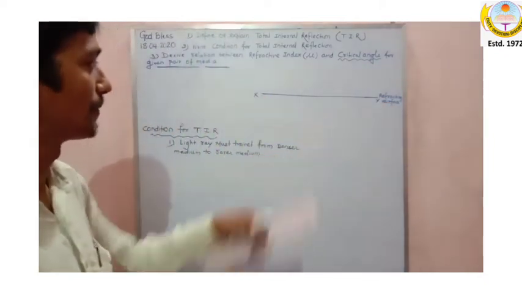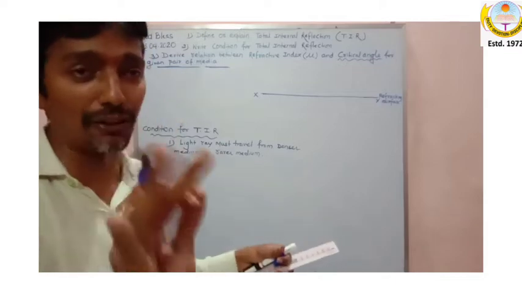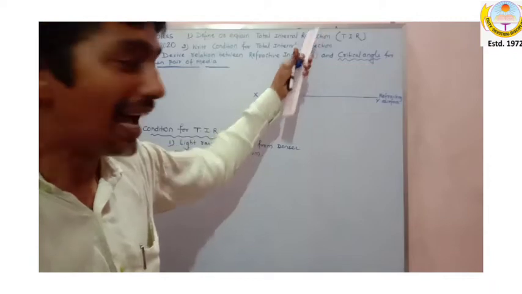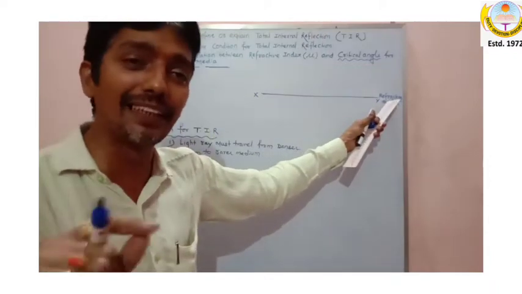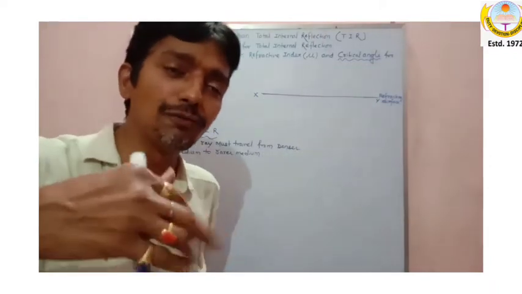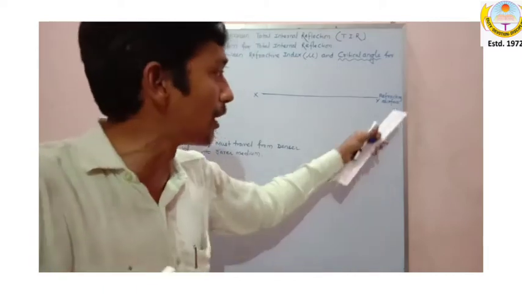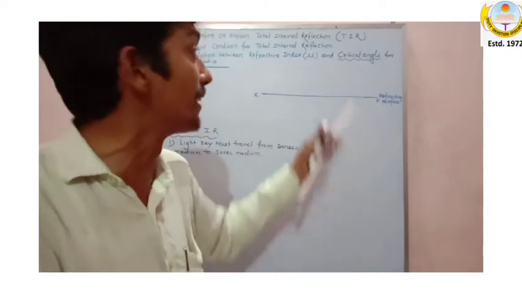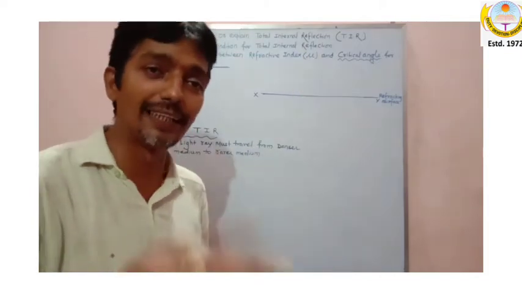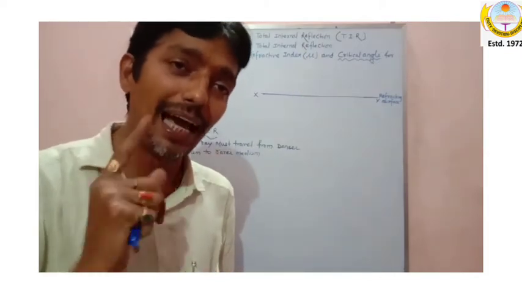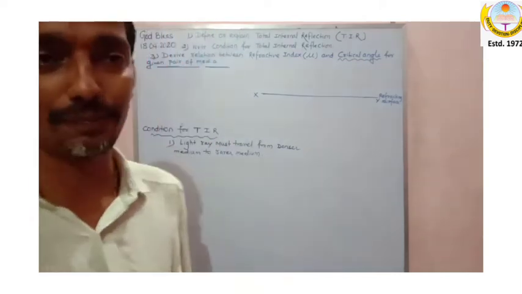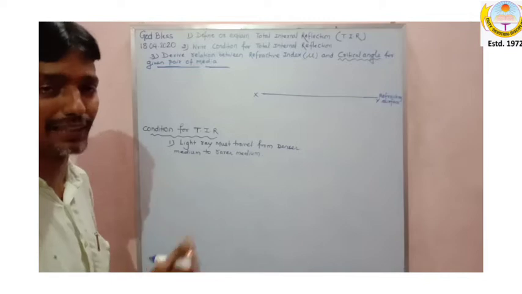You can see, and look at the terrific nature of this phenomenon. See how from refraction we are getting reflection. That is, earlier it will go through refraction, and then from refraction it will come into reflection. So look at how it is happening.